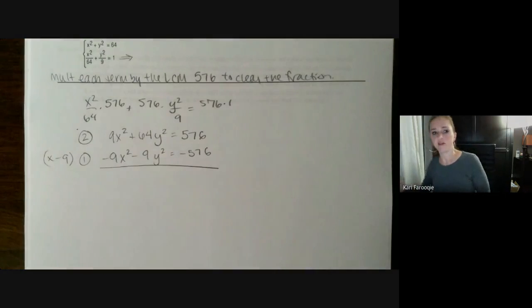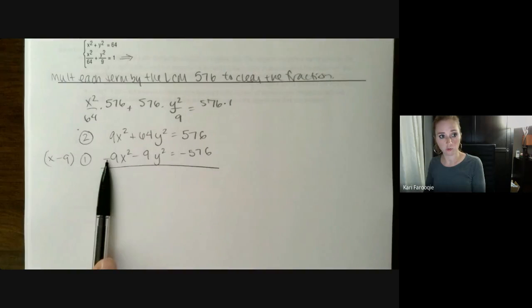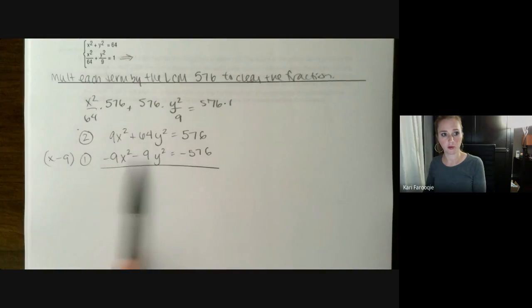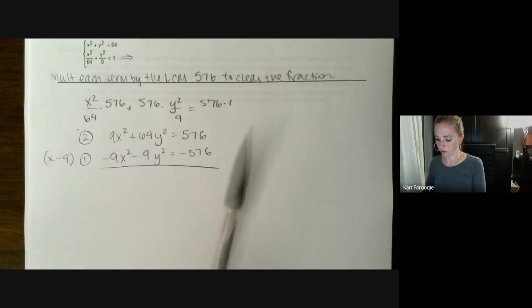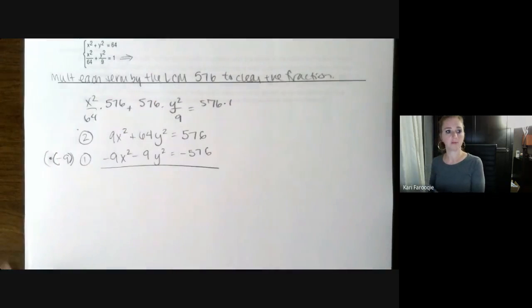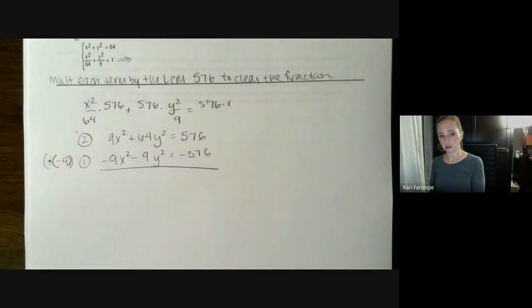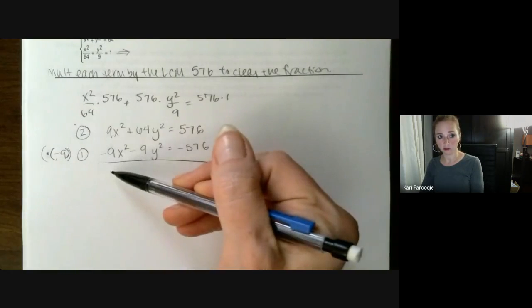Okay, so the way I suggested starting out was taking equation 1 and multiplying the whole thing by -9. This is a multiplication sign, not an X. And then adding these two equations together. In this case, we're eliminating x squared.